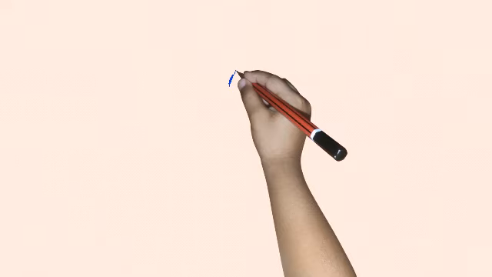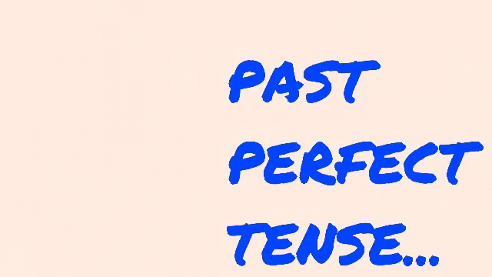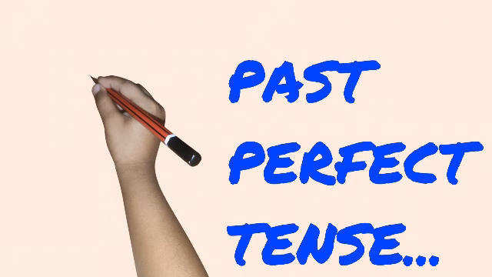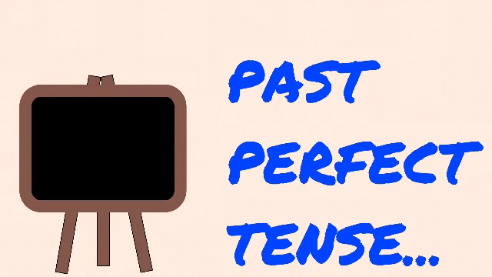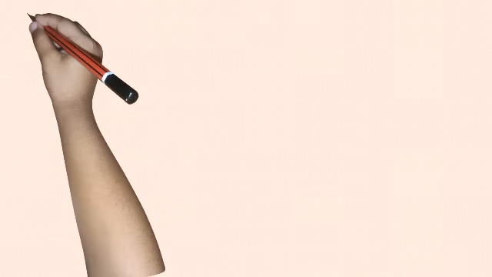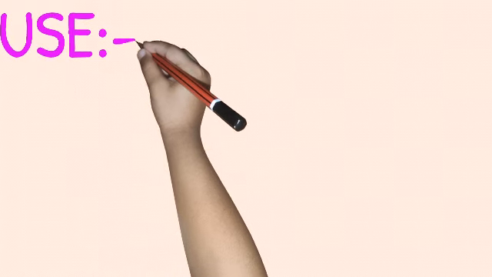Now we will move forward to the next tense, that is past perfect tense. It is again a very simple tense. First and foremost, we will look at the rule for it.